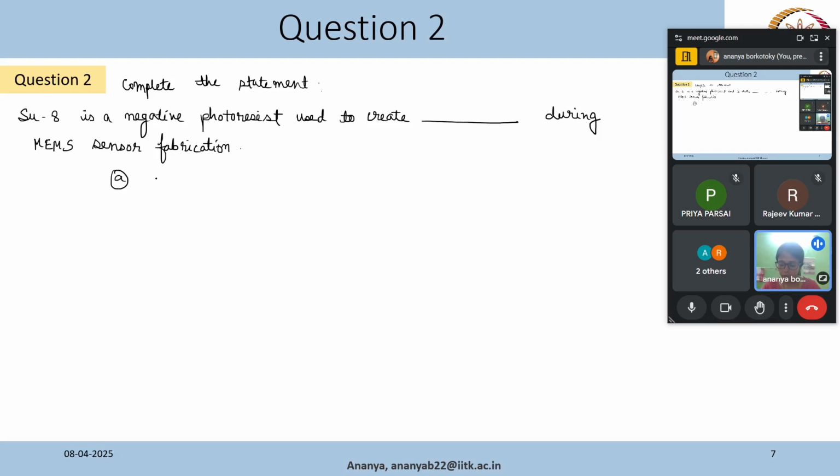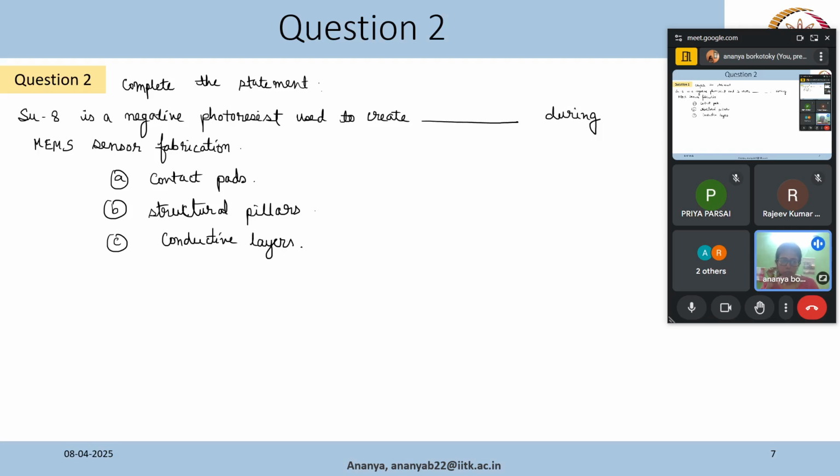Option A is contact pads, B structural pillars, C conductive layers.